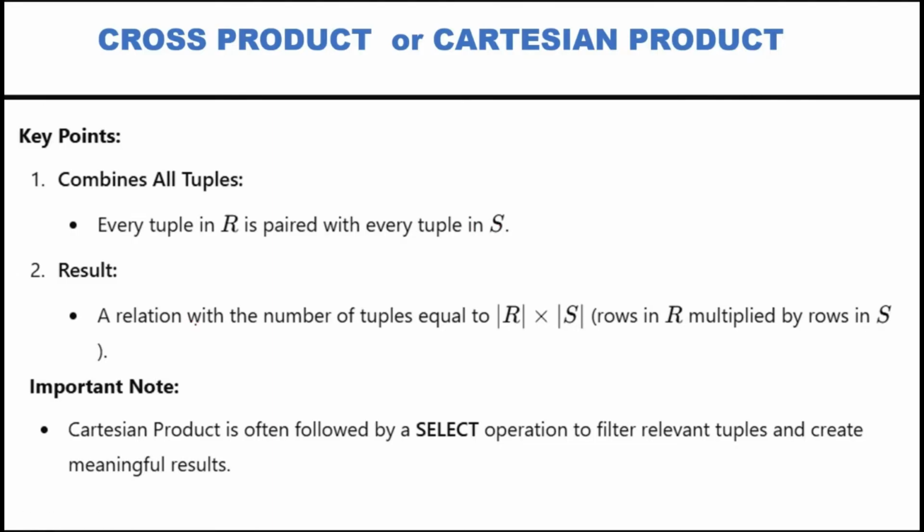And there is one check you can see. If you are taking a cross product, the resulting relation has a number of tuples equal to the number of tuples in R multiplied by the number of tuples in S. So this would be the final number of tuples in the resultant answer. On its own, the Cartesian product is not very useful.